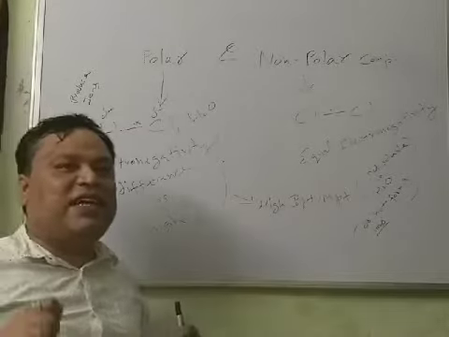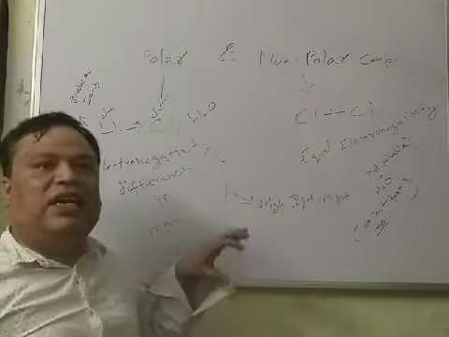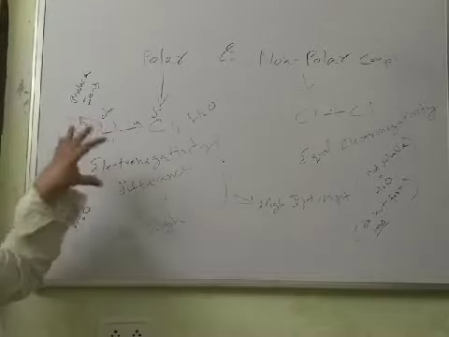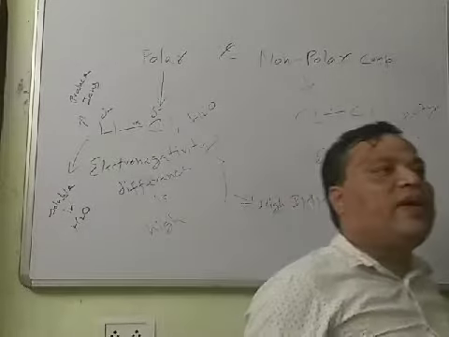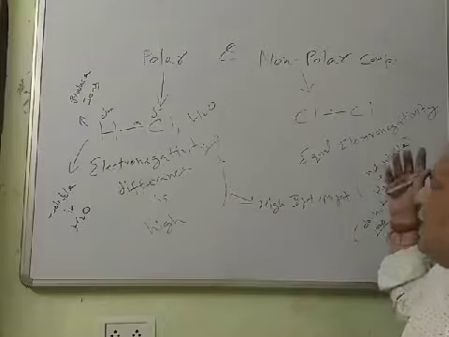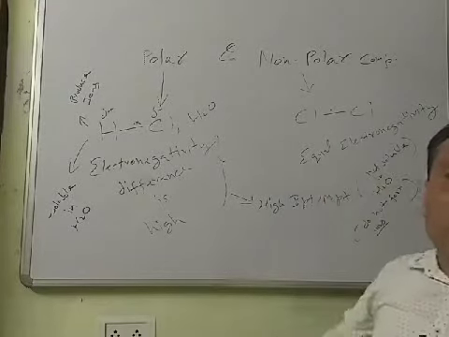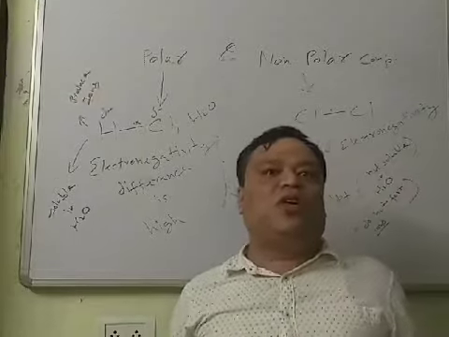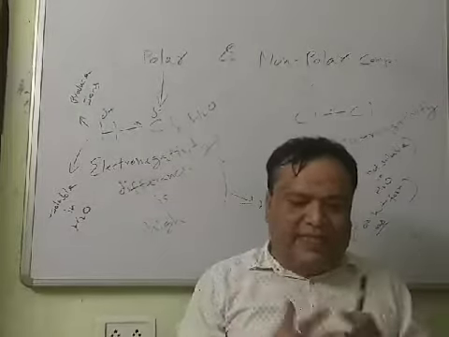Now the next thing I want to explain is how this polarity in these compounds results in changes in their properties. Cl2 is non-polar and HCl is polar. Because HCl is polar, it will show some remarkable properties. I will tell you a very easy thing here.